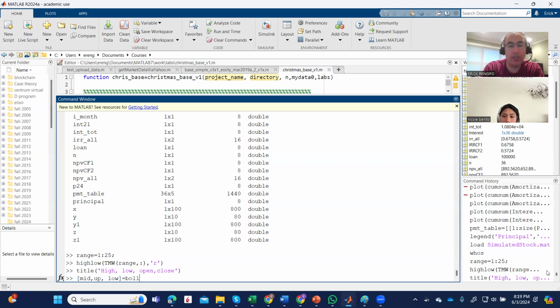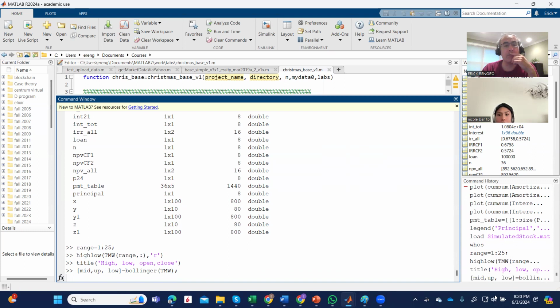And this is the command, Bollinger TMW. What it does is compute the moving averages. Normally the default is 10. So you look at 10 observations in the past and compute the average. Then the next 10, the next 10, the next 10, and you are forgetting about the previous ones.